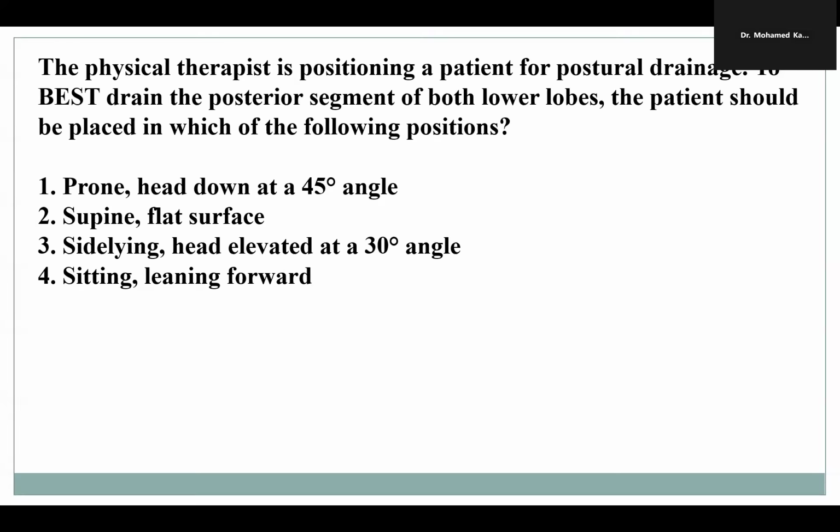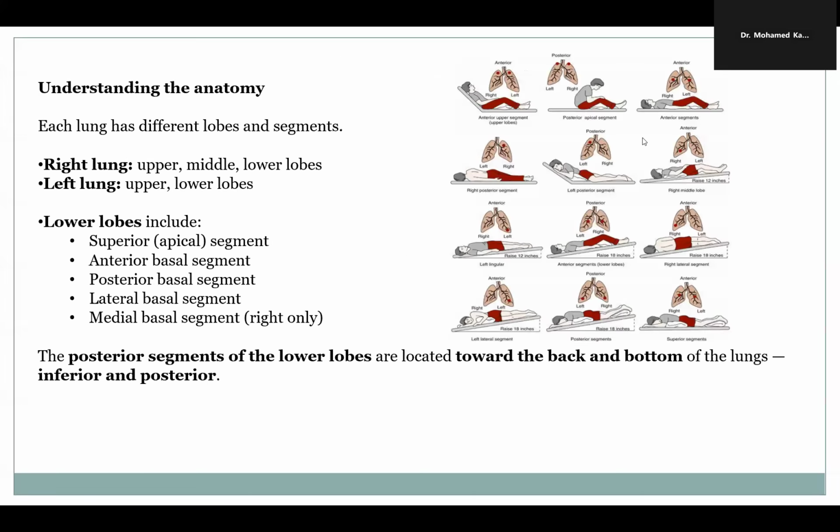So let's check and understand this question. As you can see, there are different positions for postural drainage, and each one of them will be used for draining one of the segments of the lung. We might have a semi-forward position, we might have sitting leaning forward, supine lying position, prone lying position, side lying position.